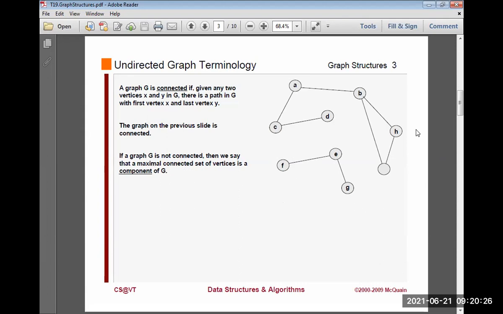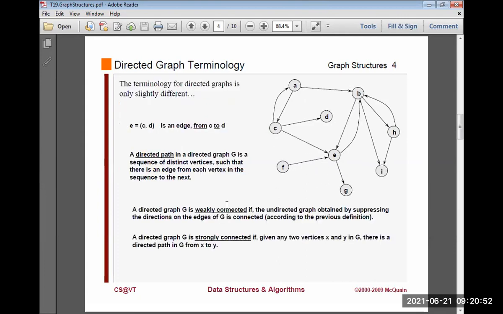Here these are sets of vertices. E, F, G are connected to each other, and here these are connected to another graph. So these are two graphs G1 and G2. G1 contains A, B, C, D, H, I, but G2 contains C, F, G.